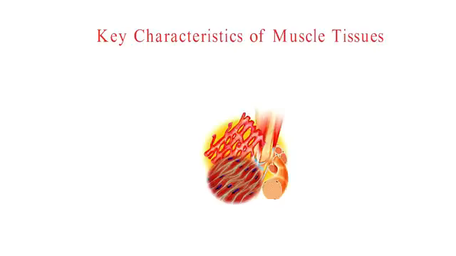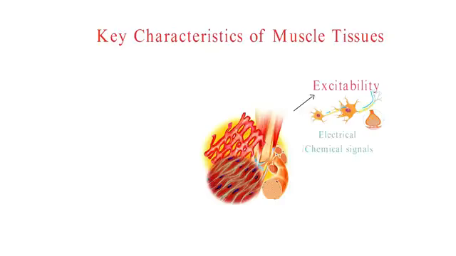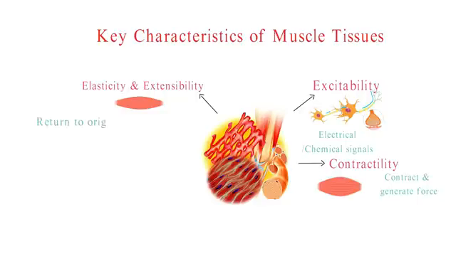Before we wrap up, let's touch on some key characteristics shared by all muscle tissues. Muscles respond to electrical or chemical signals. They can contract and generate force. Muscles return to their original shape after contracting. They can stretch without damage.